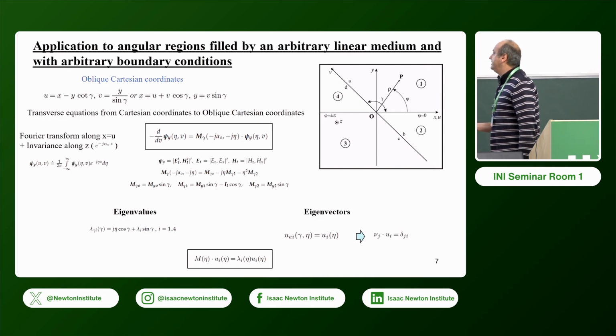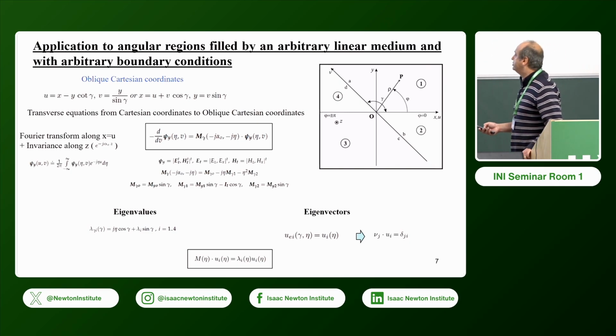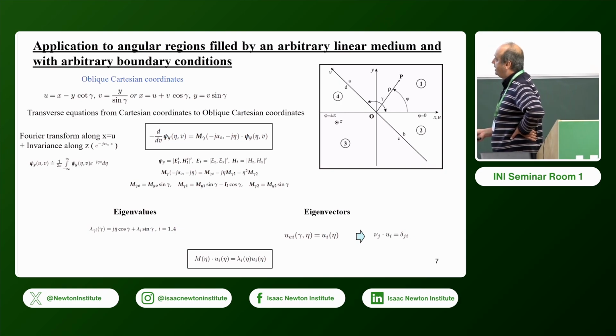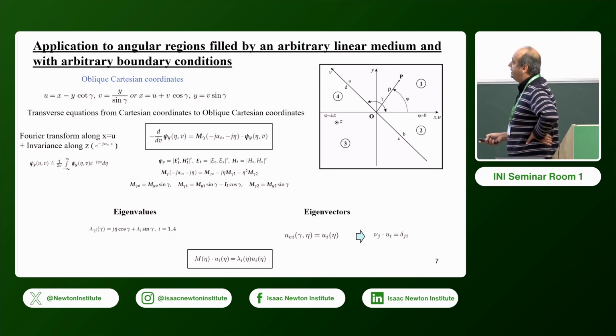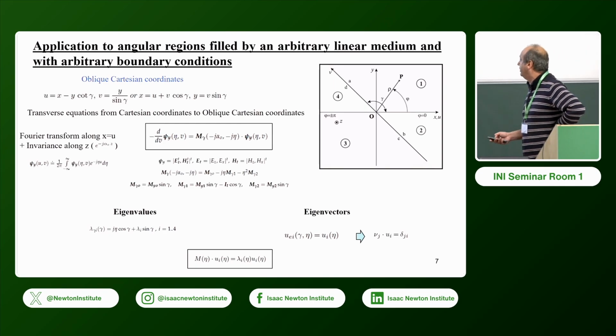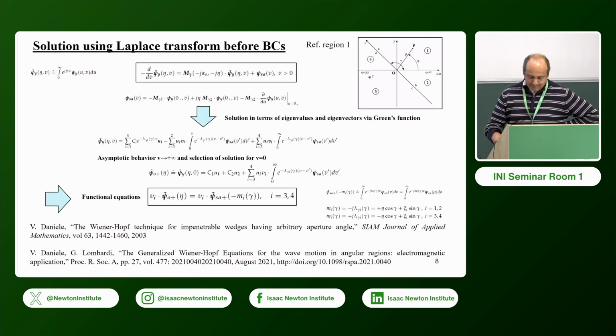If you analyze the eigenvalues and eigenvectors of this new M for the angular regions, you discover that there is a relationship between the eigenvalues of these angular regions and the stratified equivalent regions. These are the eigenvalues of the stratified regions, so this is the relationship. And then you have another important property, that the eigenvectors are the same. So this is very nice.